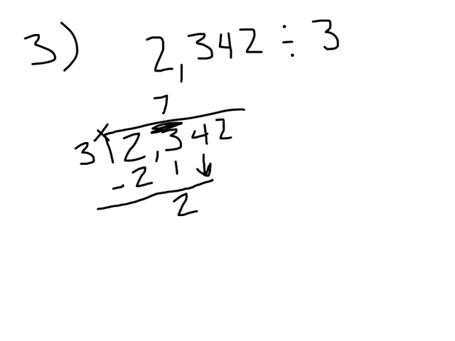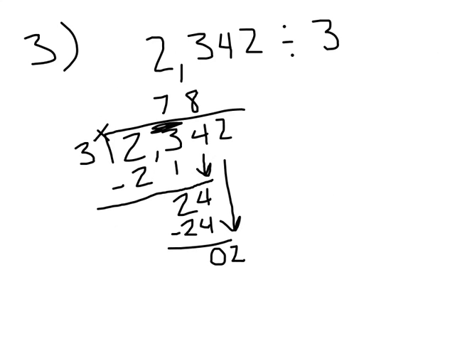I can bring down my 4 and divide in the tens place. How many times does 3 go into 24? 3 goes into 24 8 times. What's 8 times 3? 8 times 3 is 24. When I subtract, I have no tens left over. I can bring down my 2.